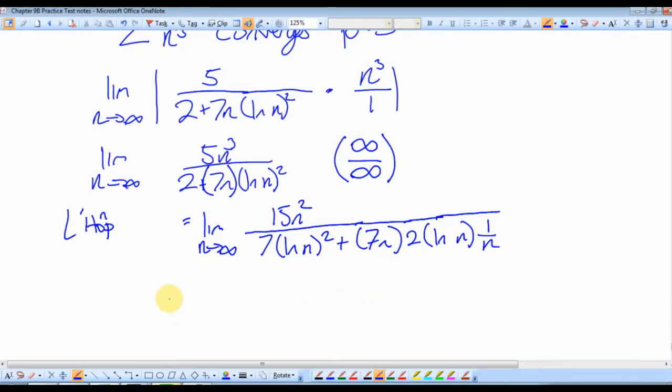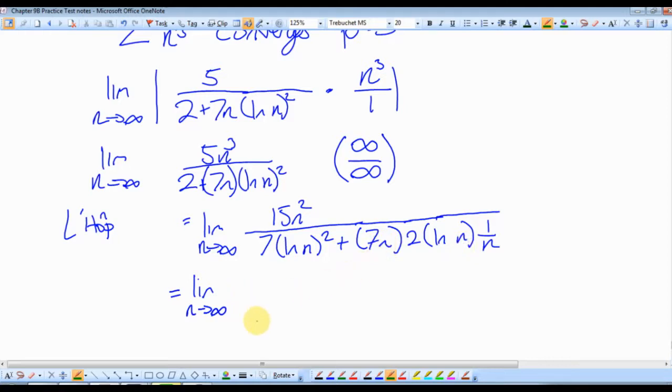Let's simplify that. I'm going to multiply the top and the bottom by n. The n's cancel out with the 7n and the 1 over n. It's 7n times 2 times natural log of n times 1 over n. This and this can cancel.